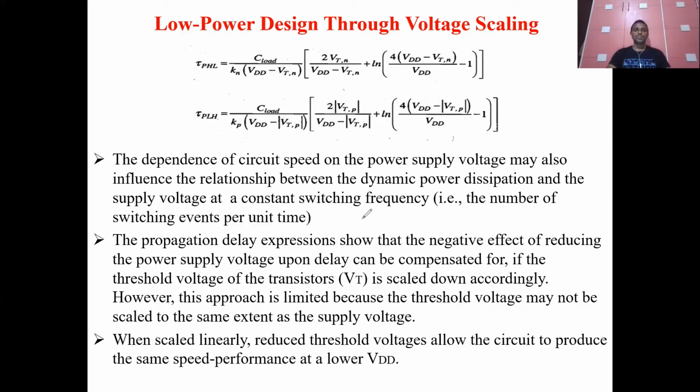The propagation delay expression shows that the negative effect of reducing the power supply voltage upon delay can be compensated for if the threshold voltage of the transistor is scaled down accordingly. Whatever we reduce VDD, we have to reduce the threshold voltage also.